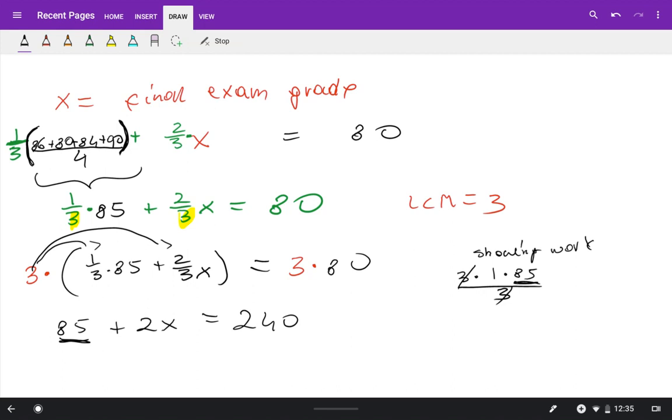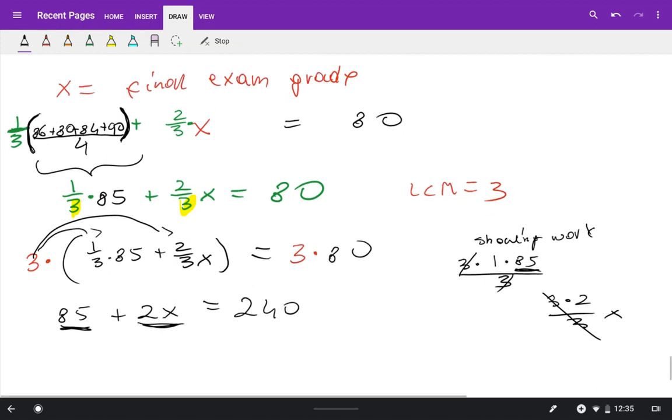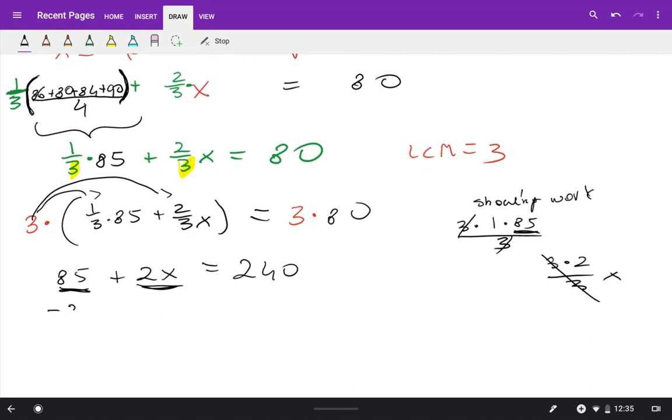And then 3 times 2 over 3x. That's how I end up with 2x, which is right here. Now we're just going to subtract 85 from both sides. So we have 2x equals 240 minus 85, which is 155. Divide each side by 2.